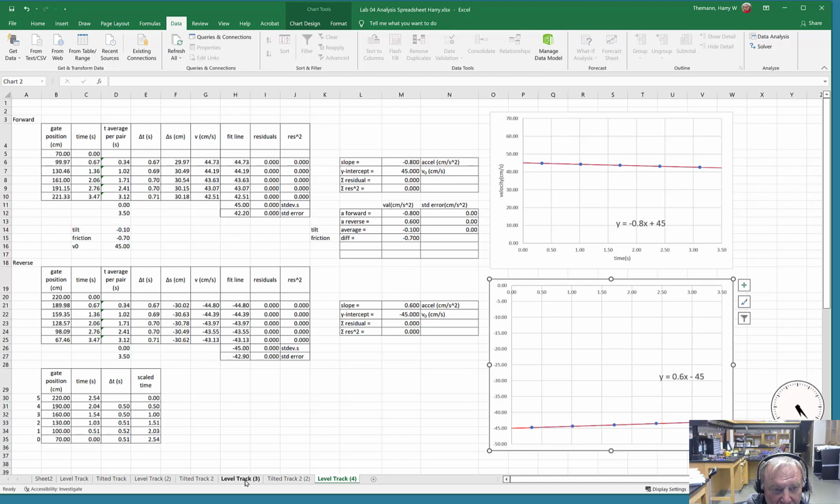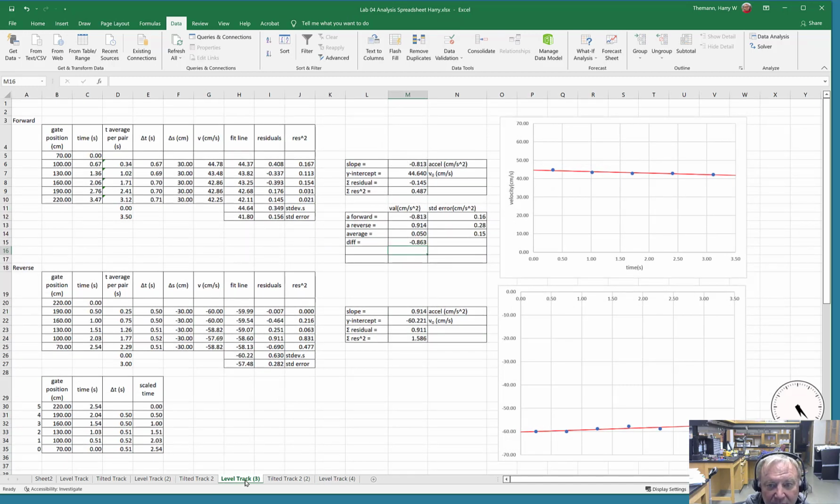I have here, I took some data. So this is real data. And you see that when it's going in the forward direction, it has a negative acceleration total. And you see above in that graph, it's going slower.